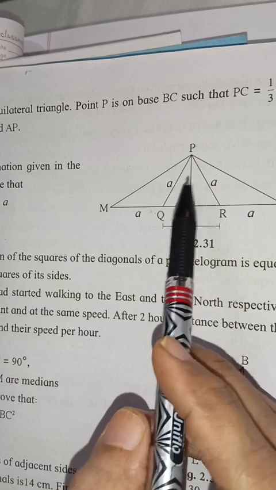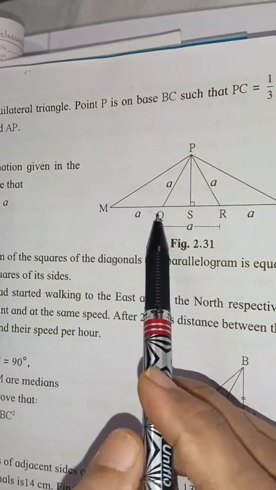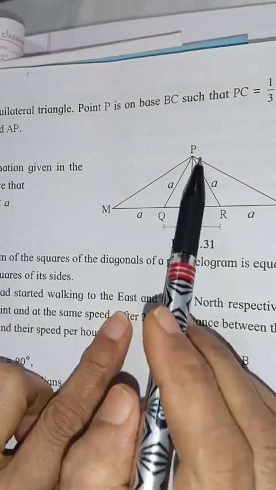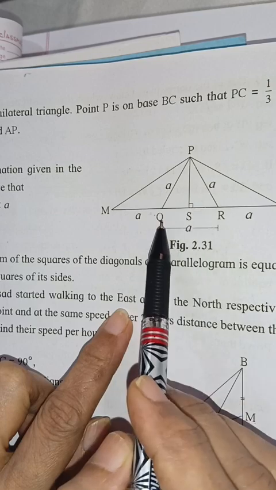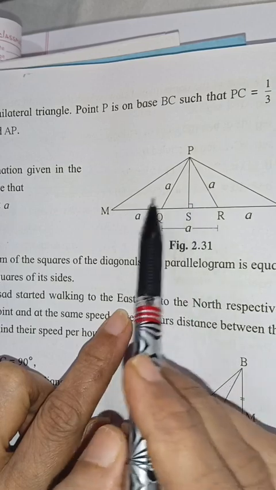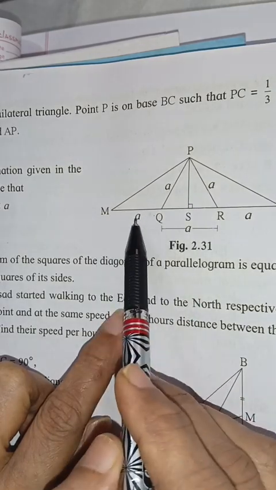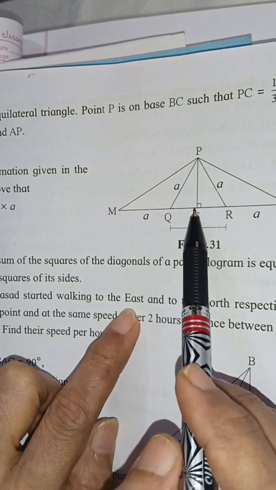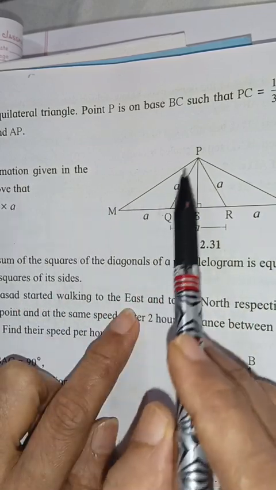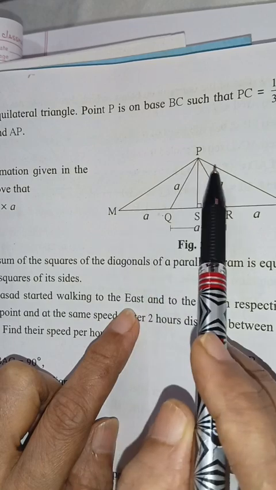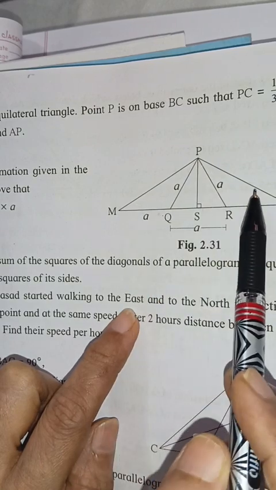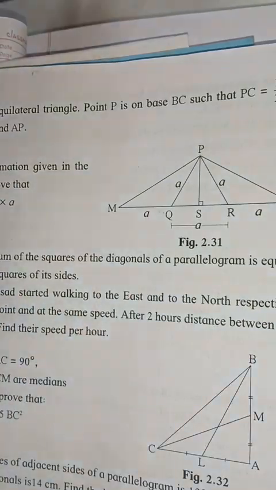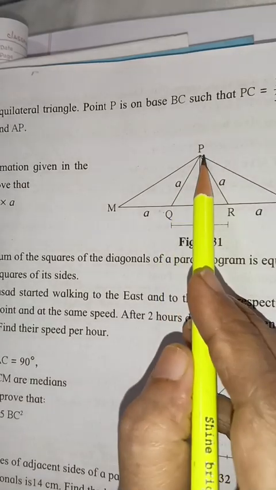In this figure, see, PQ equals PR, then QR is a, QM is a, RN is a. So these are all a. We have to prove PM equals PN equals root 3 a. For that we can consider triangle PMR.